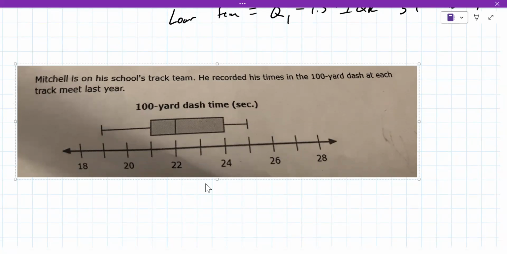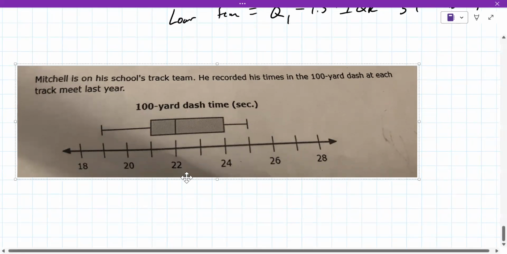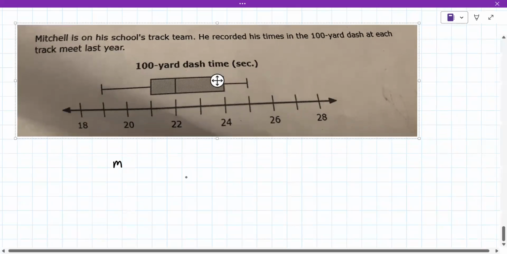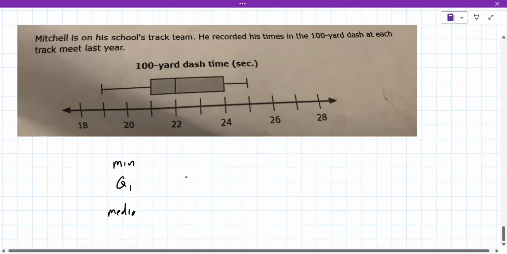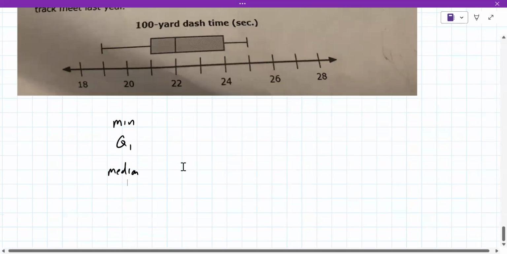Sometimes they give you a box plot and they say, I want you to interpret some things. They want you to give them some numbers or some answers. For example, I could ask you for the min, Q1, the median, Q3, and the max.